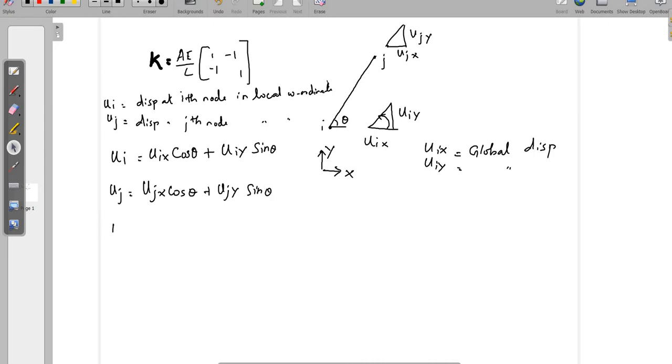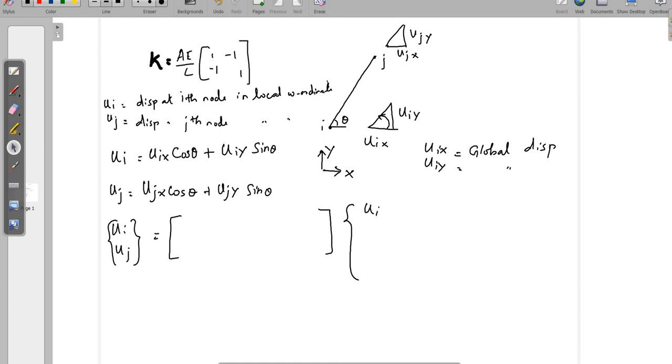Now I am going to write this in order to get the matrix format. These are vectors at the local level. We have a transformation matrix while relating to the global axis.